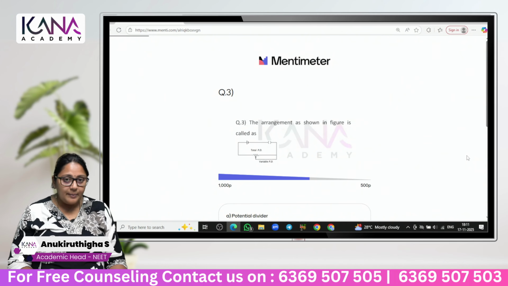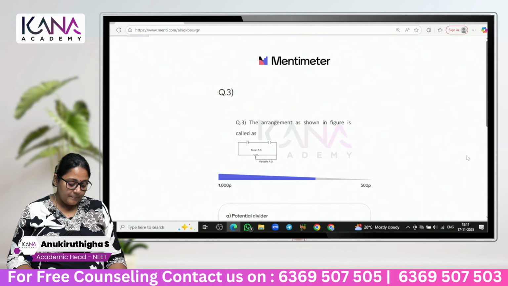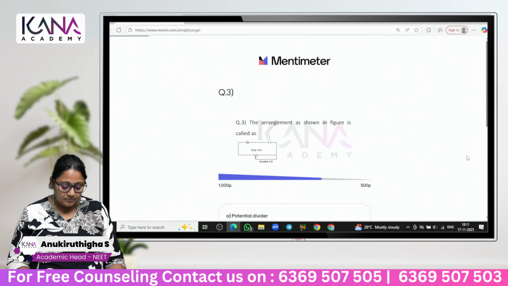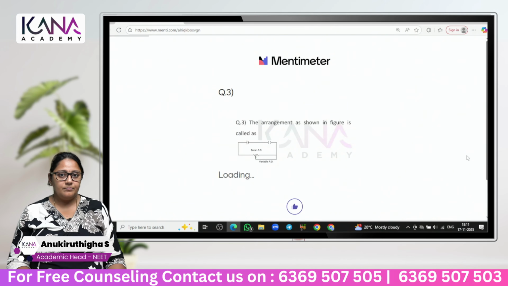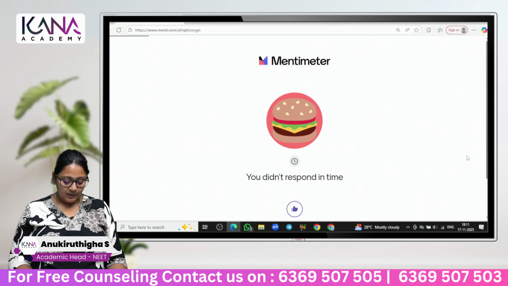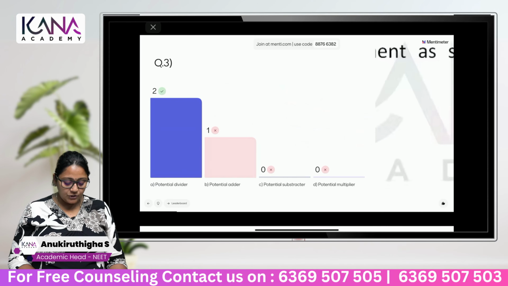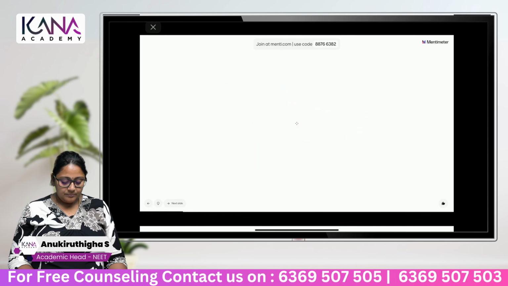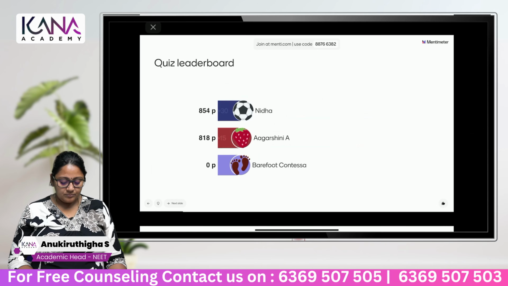The diagram பார்த்தா உங்களுக்கு எப்படி தெரியுது? Potential divider, adder, and subtractor, multiplier. And you're left with 15 seconds. Very good. So the right answer is potential divider.